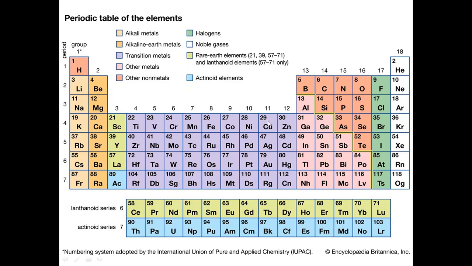Copper is a transition metal which has a variable oxidation state. Copper can form a 2+ charge. It can form a 3+ charge. So based on the condition, the element can form different charges. So each of these elements has a variable oxidation state.